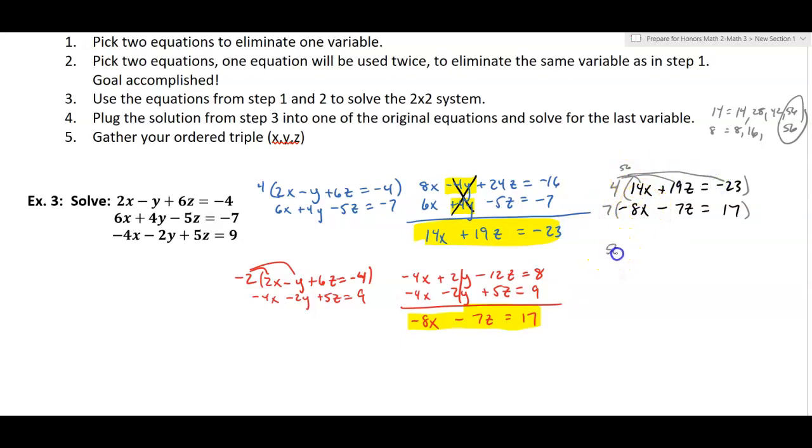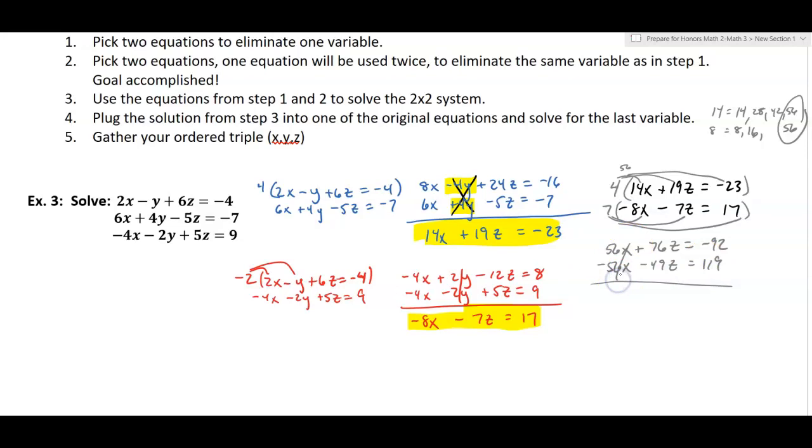So it's going to give you 56x plus 4 times 19 will give you 76z equals 4 times negative 23 is negative 92. Then negative 56x minus 49z equals 7 times 17 is 119.